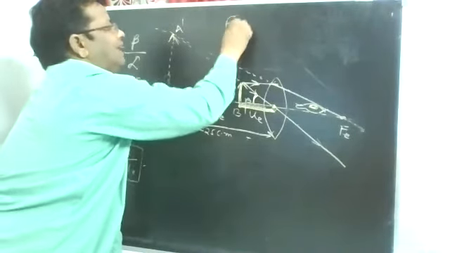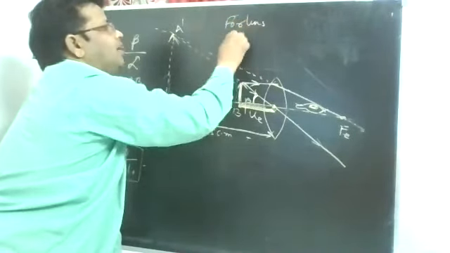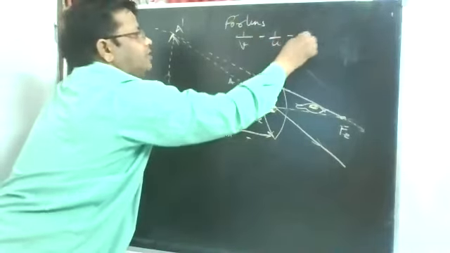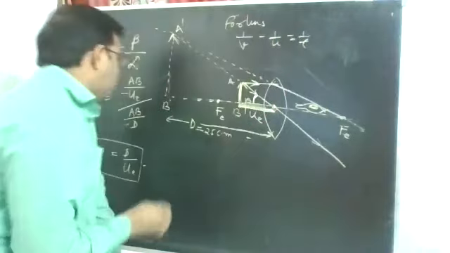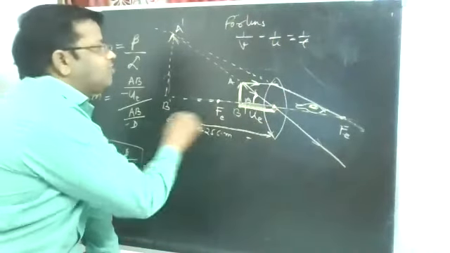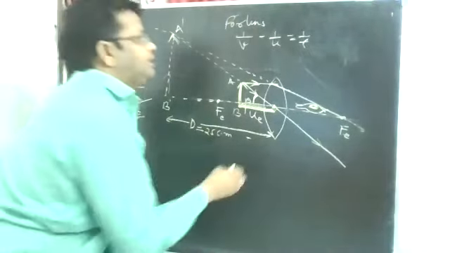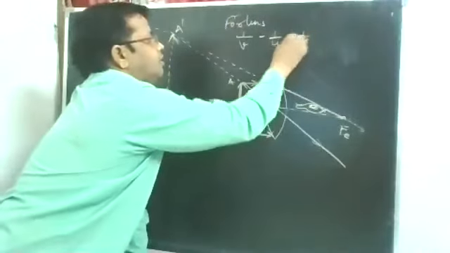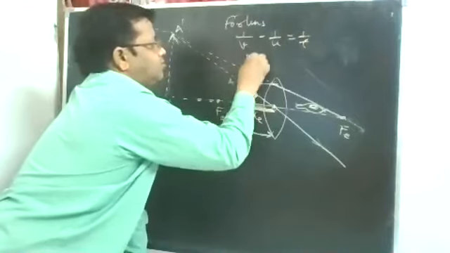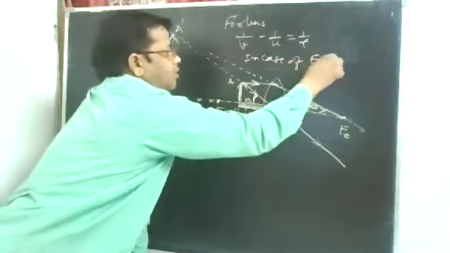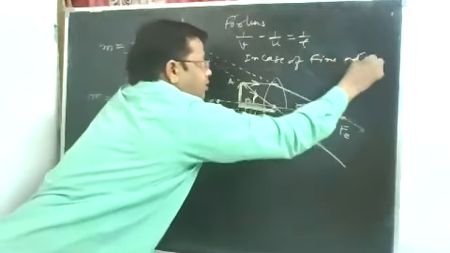For a lens, 1 by V minus 1 by U is equal to 1 by F. This is the lens formula. Now, where the final image is formed in case of fine adjustment?